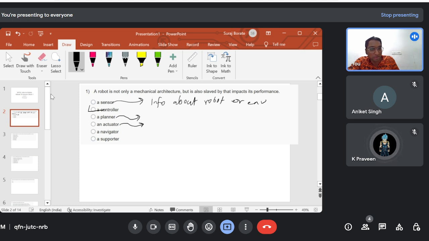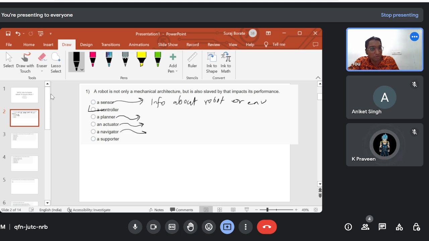The actuator is that limb or body part of the robot which actually causes the motion. It applies forces on the environment and causes the robot to move. It can be a motor or a linear actuator.